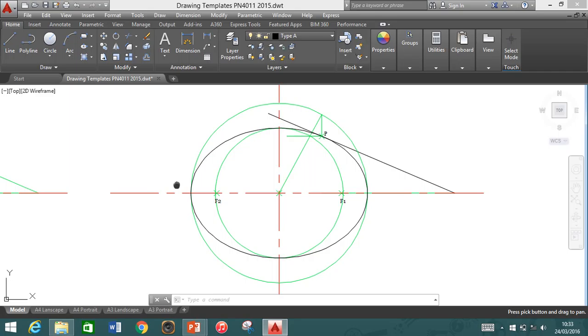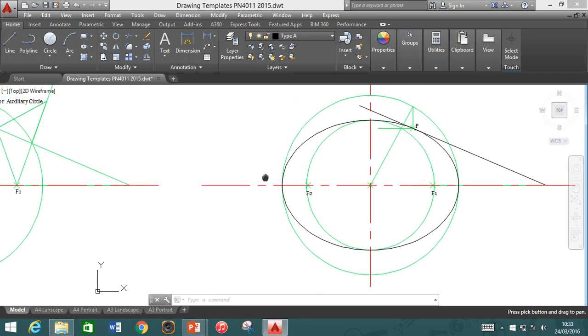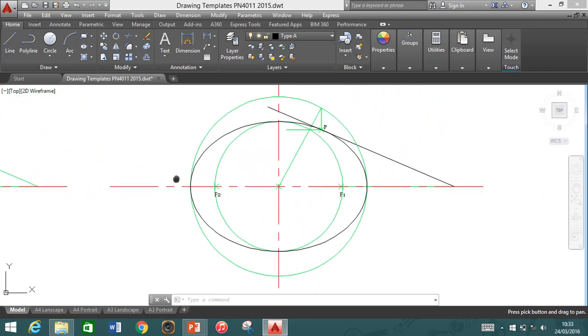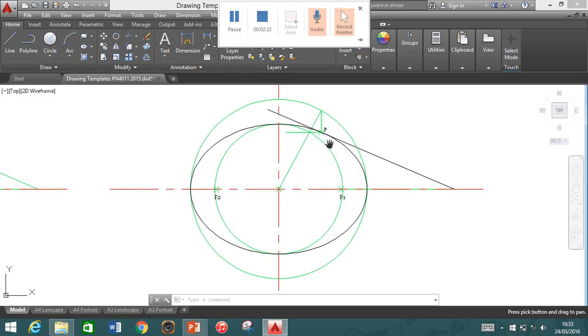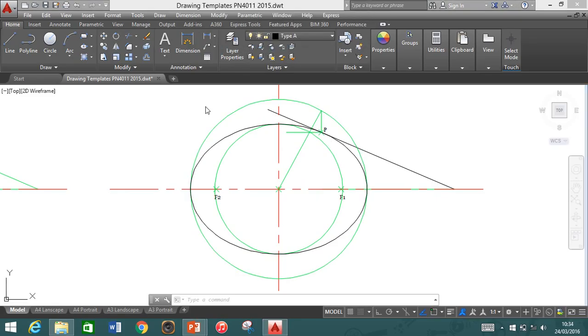Then to find our minor auxiliary circle, we know that if we go from point P parallel to the minor axis to hit our major circle and join it back to the center, and then we go parallel to the major axis from point P, that will give us a point on our major auxiliary circle.